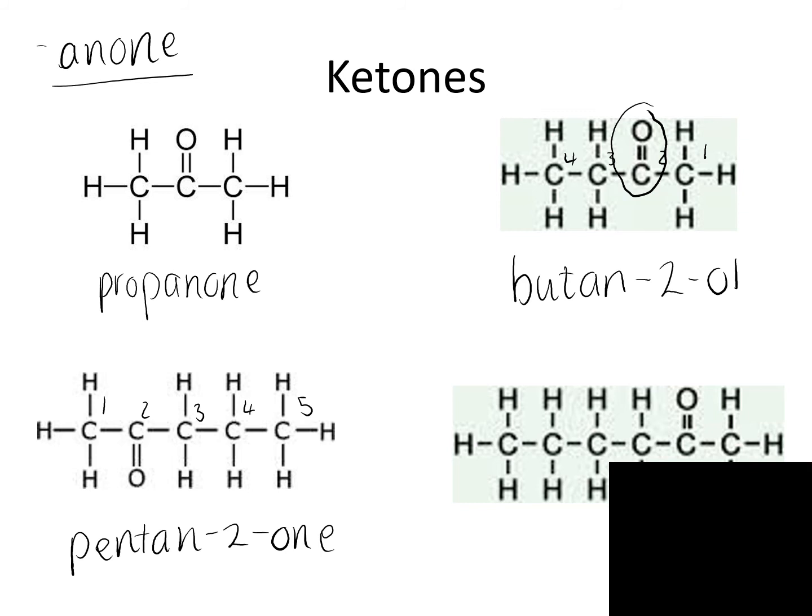And last but not least, remember the functional group is on the smallest number of carbons. We're going to count 1, 2, 3, 4, 5, 6. It's going to be hexan-2-one. Because my functional group is in the middle of the molecule, we have to say which carbon my functional group is on.